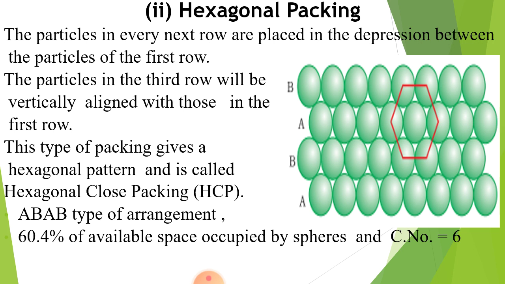Here 60.4% of the available space is occupied by spheres. That's why it is more stable than square close packing.